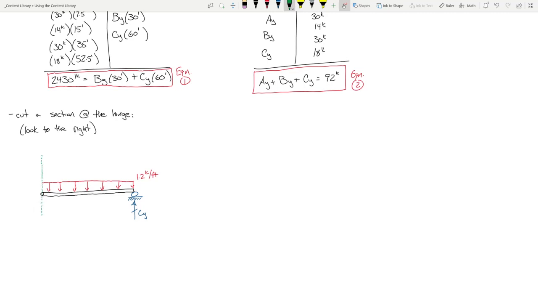There's my section cut. And then we collapse that into that collapsed point load, which I believe was 18 kips. And then let's put some dimensions on this. We said that this was 7.5 feet. And then this dimension here is 15 feet.